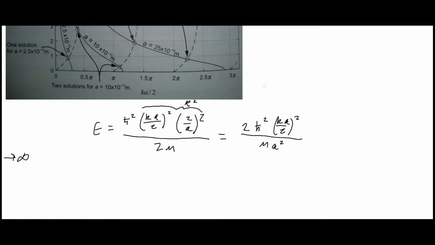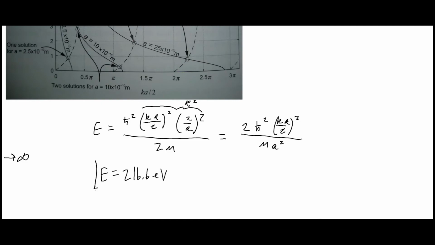So essentially what we end up getting, let's see, I think I have it written down here. Yeah, so that E will end up being equal to 216.6 electron volts.